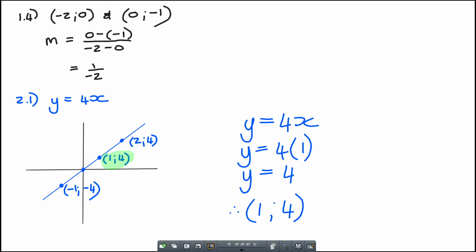Do you see where I got that from? Same thing if I were to substitute in 2. If I substitute in x is 2, then this will give me, oh, I made a mistake here, sorry. So if x is 2, y is 8.